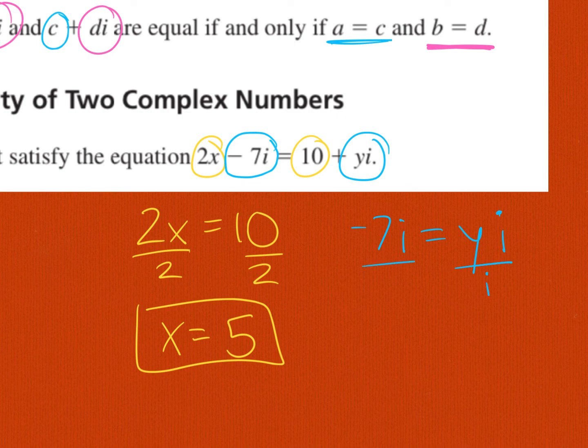I can divide both sides by i, so they cancel. So what's y equal to? Negative 7. So we just set the real parts equal, solve it. Set the parts with the i's equal, solve it.